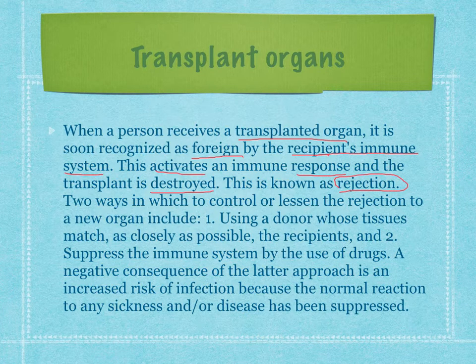Two ways in which we can control or lessen rejection of new organs include using a donor whose tissues match as closely as possible to the recipient. So we're thinking about a relative.